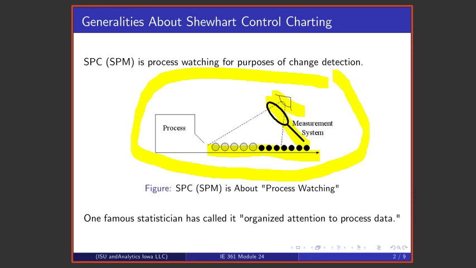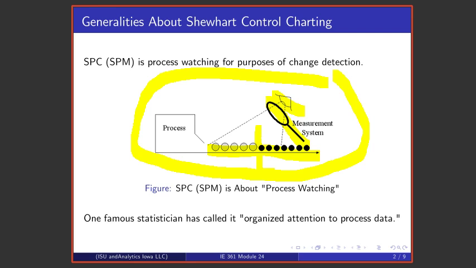A process is producing items sequentially or measurements sequentially, and there's some kind of a change. And the point of SPC, or really SPM, is watching processes for purposes of detection of change.